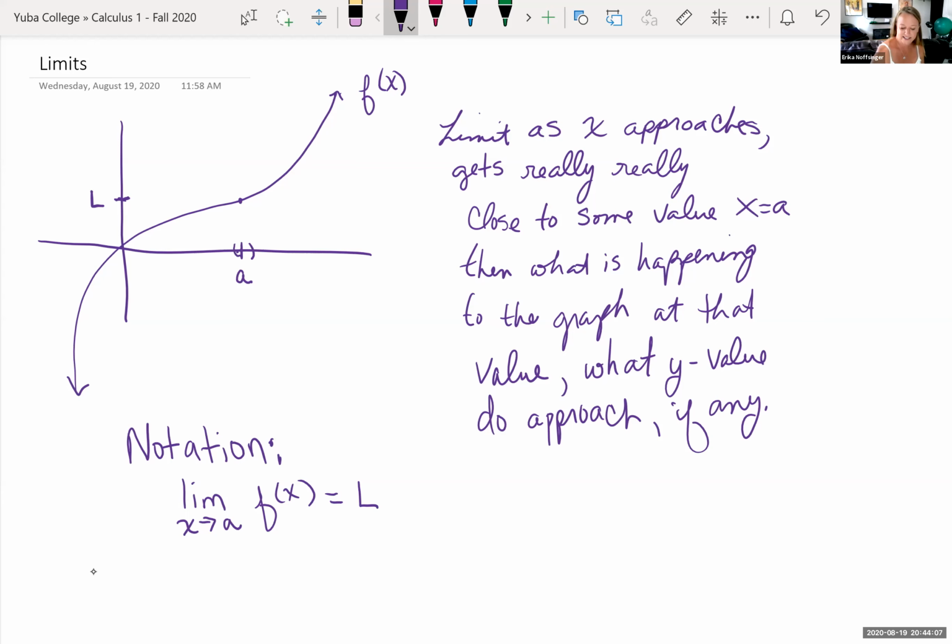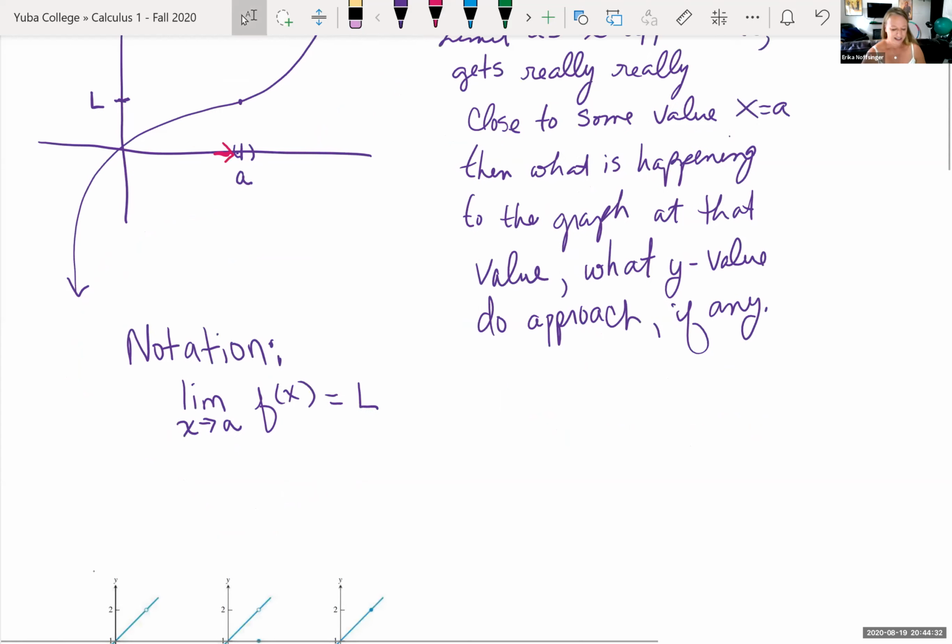So in our case, that limit, as we got closer and closer, I kind of go to the left. And when we're looking at limits, we actually need to show that the limit as we're approaching on the left-hand side of that graph is the same y value as we're approaching on the right-hand side of the graph. And so this is where a little bit more notation comes in to determine what side you're coming in, by notating what side you're looking at.